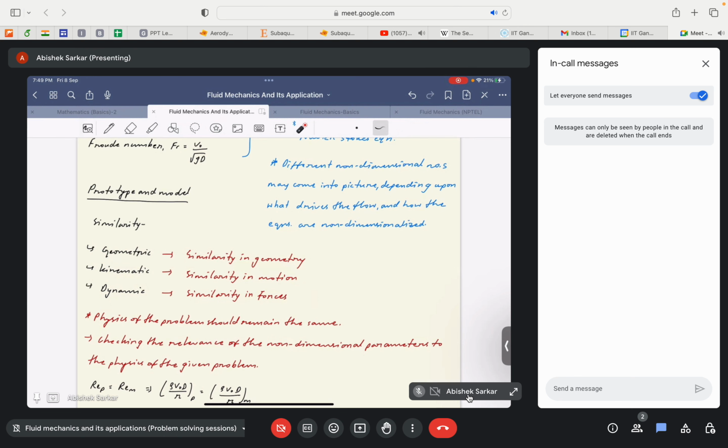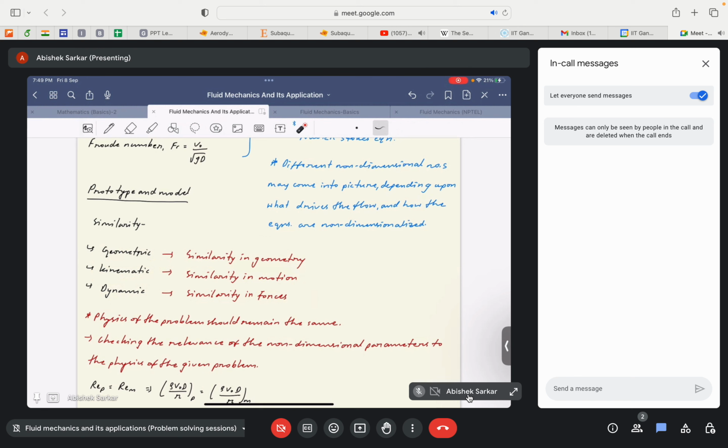That's completely fine. But a prototype and a model cannot achieve kinematic similarity without achieving geometric similarity. So a kinematic similar model cannot be considered kinematic similar if they are not geometrically similar.